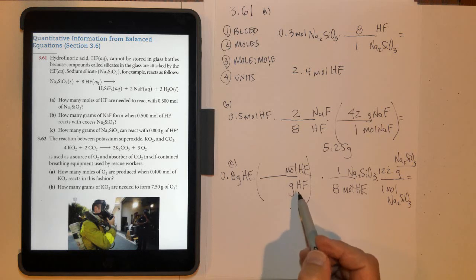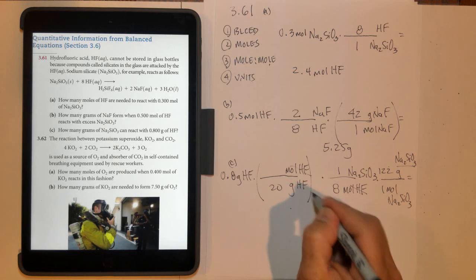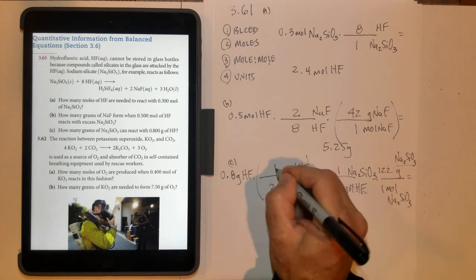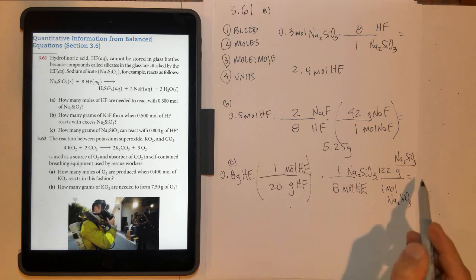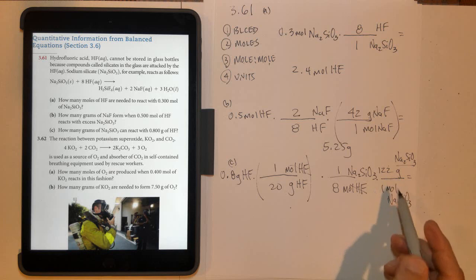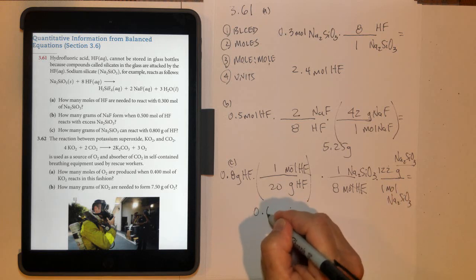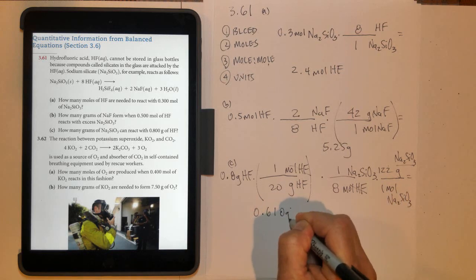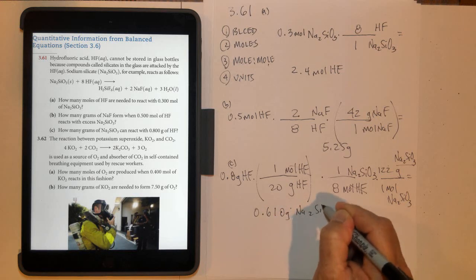Oh, HF, by the way, adds up to be 20 grams, because fluorine's 19 on the periodic table and hydrogen's 1. Add those up, multiply those, divide that, multiply that, and you should end up with 0.610 grams of the Na2SiO3.